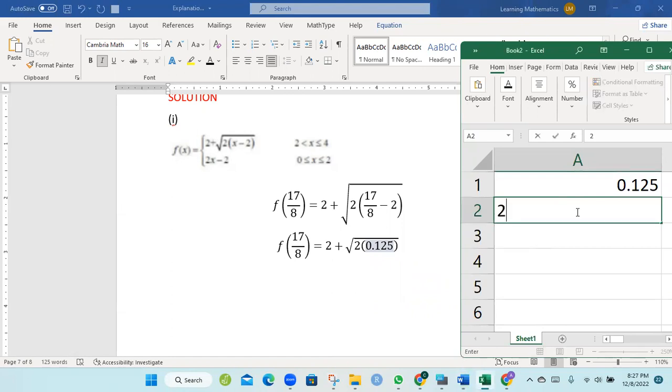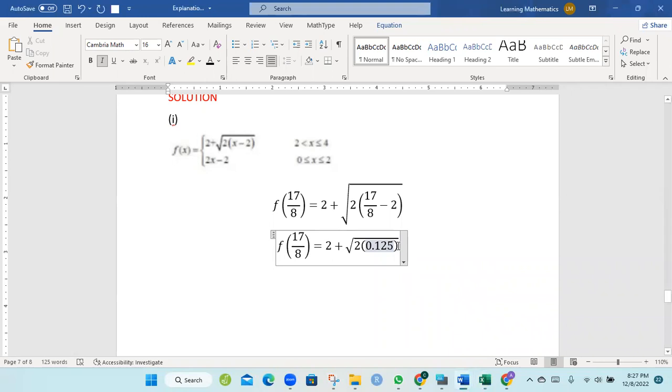So 2 times 0.125 is equal to 0.25, and we have to find the square root of 0.25.